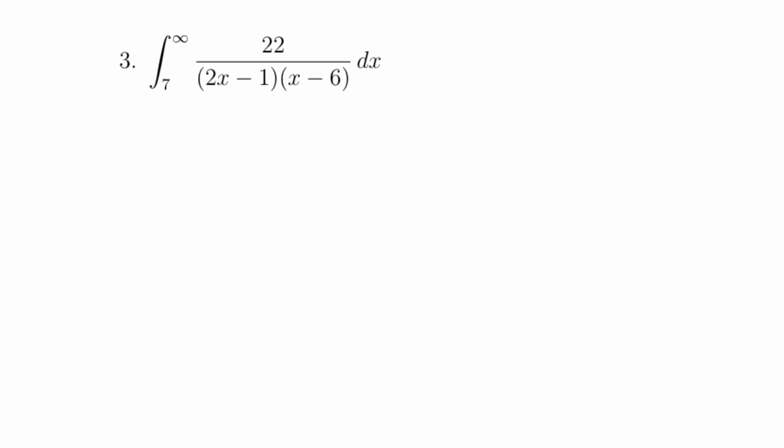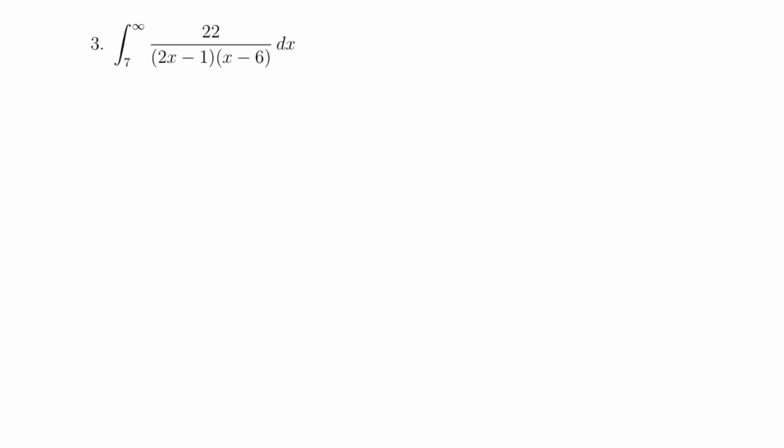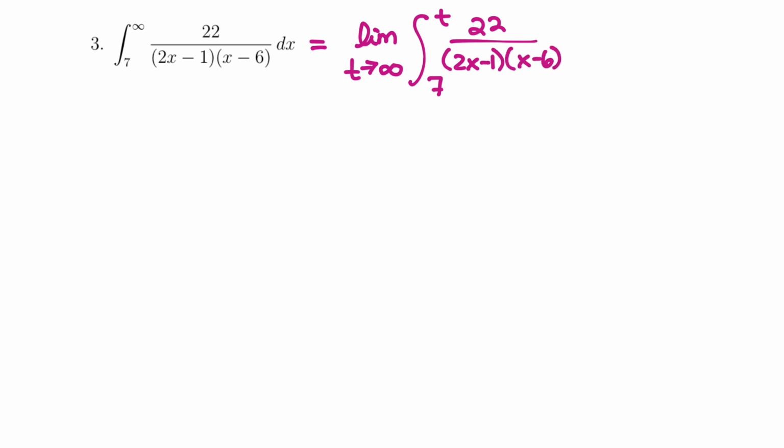Let me see if I get what you get. We started this last time. We didn't get very far. We looked at it, and the first thing we did was rewrite it using limit notation. We took t going to infinity and wrote the integral from 7 to t of 22 over 2x minus 1 times x minus 6.